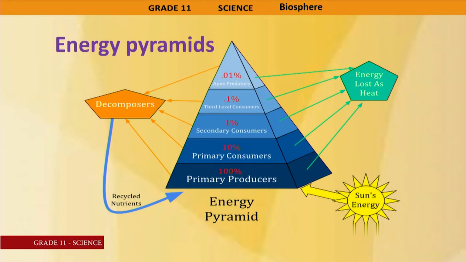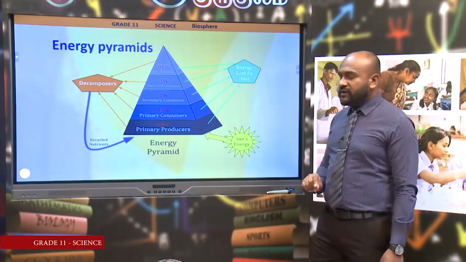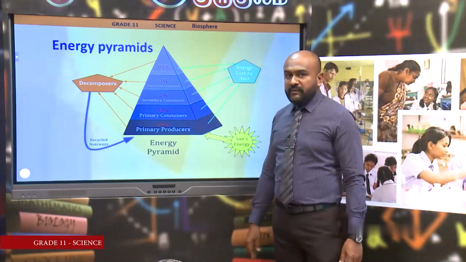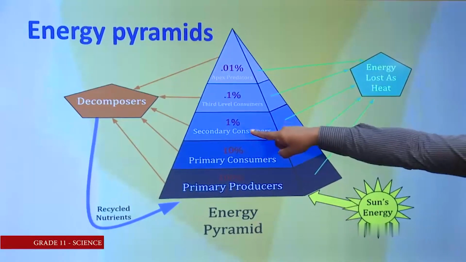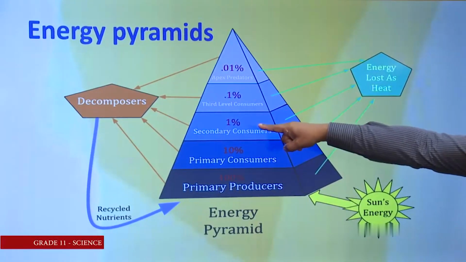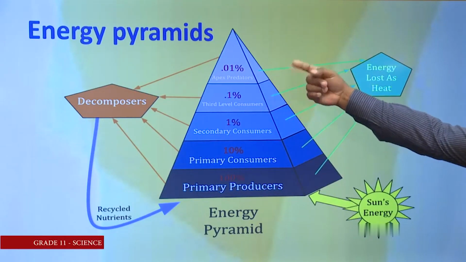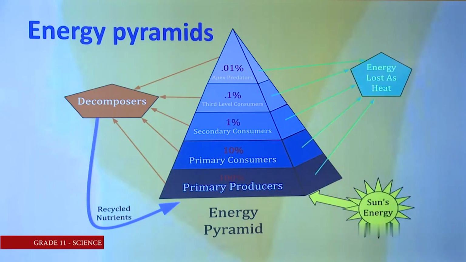Now, let us see, as shown in the diagram here, primary producers have got 100% of energy, and how much has gone to primary consumers? 10%, and 10% of that has gone to secondary consumers, 10% of that has gone to third level consumers or tertiary consumers, and for apex predators only 0.01% from the third level consumers.